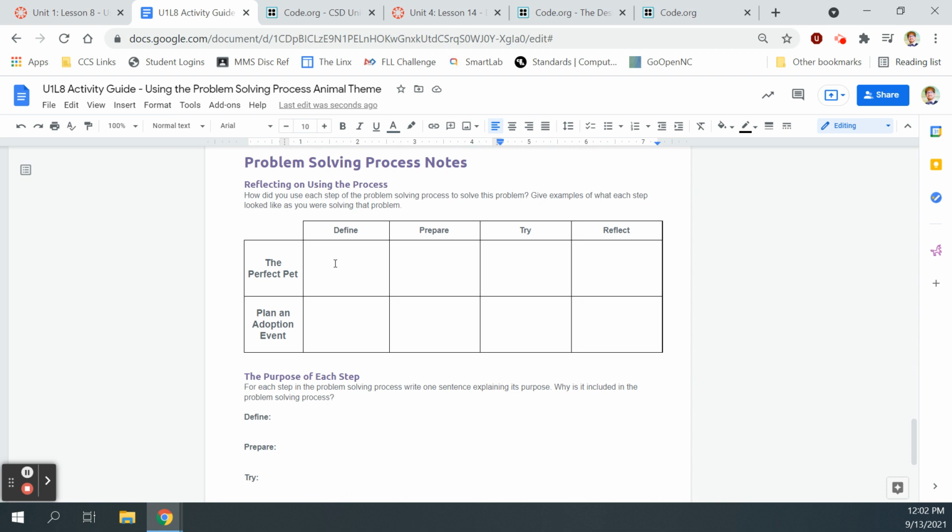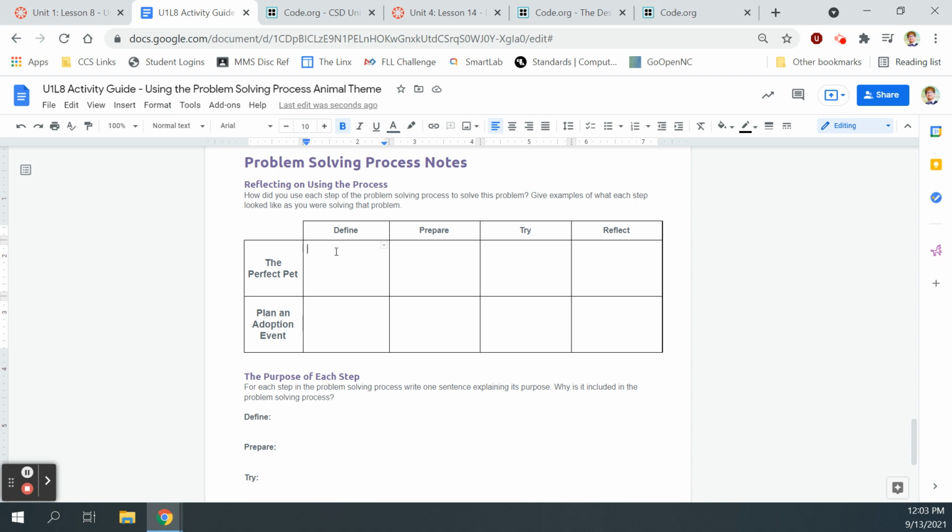find the perfect pet, and here you're going to define the problem, prepare to solve the problem, try to solve the problem, and reflect on the problem. How did it go, right? You're going to go through each of these steps of the problem-solving process and just put some notes in, like, define the problem.